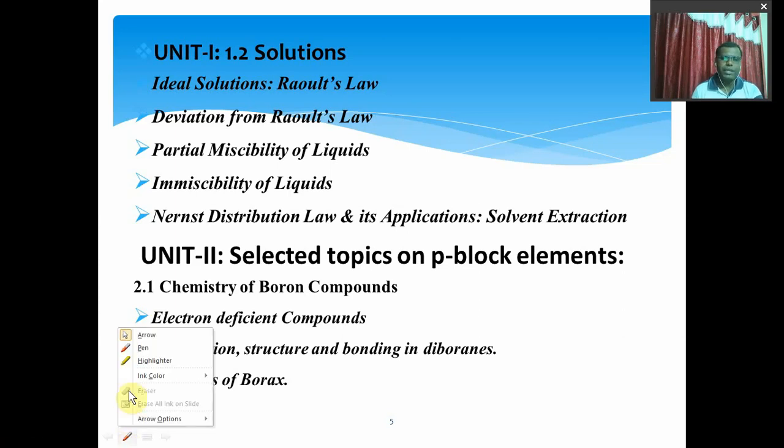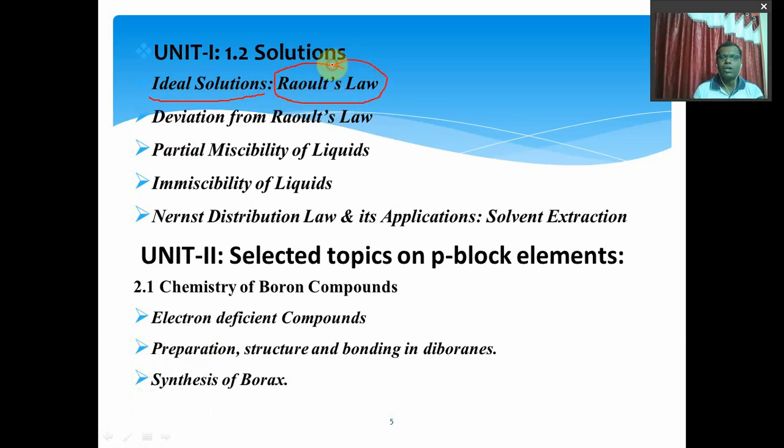If they obey Raoult's law, then the solutions are called ideal solutions. Instead, if the solution does not obey Raoult's law, then that solution is called a non-ideal solution or a real solution. Definitely most of the solutions in nature that we use are real solutions, meaning these do not obey Raoult's law.